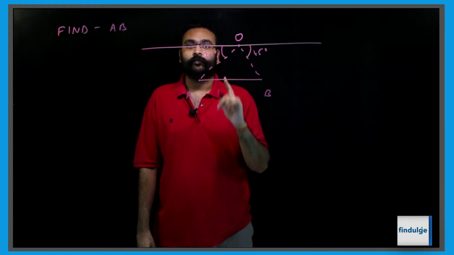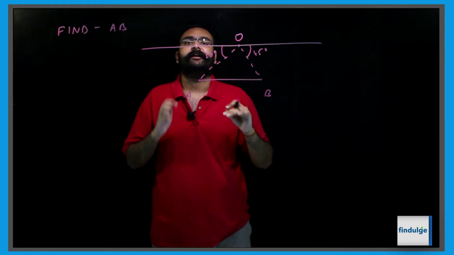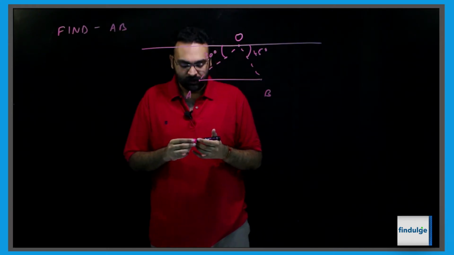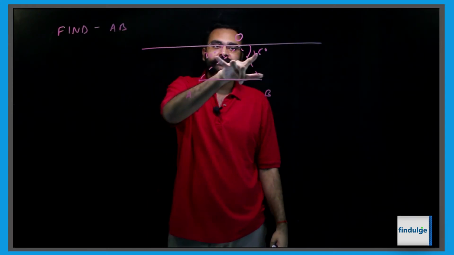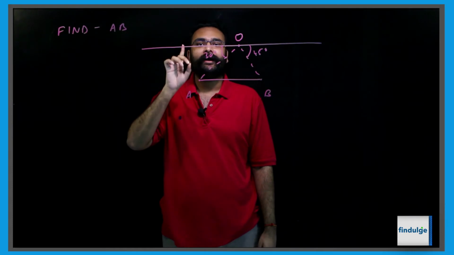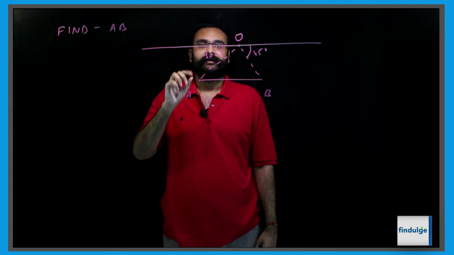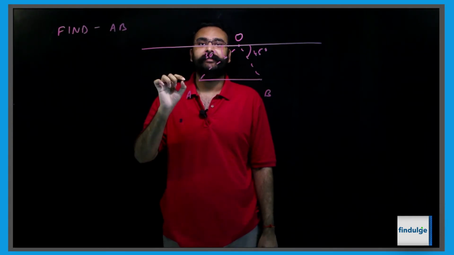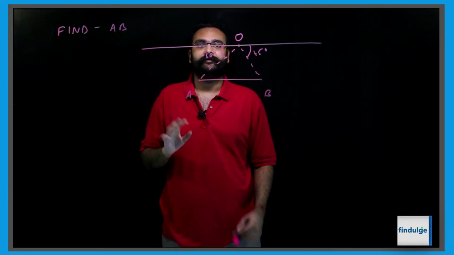So again, now in this question, we have a little bit more work to do. So first of all, in addition to the angles, we were given one other piece of information, that the bridge is 3 meters above the river.